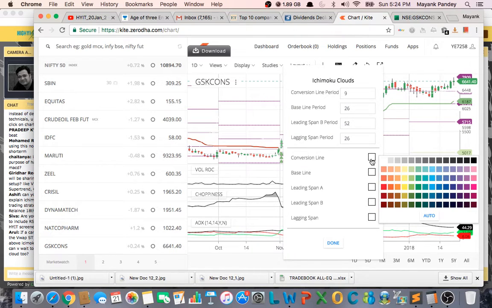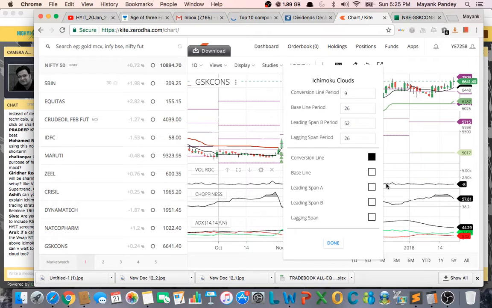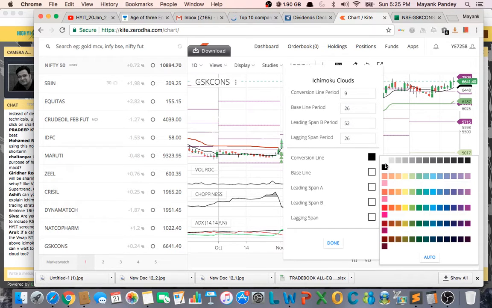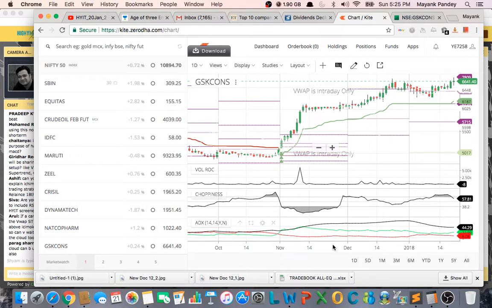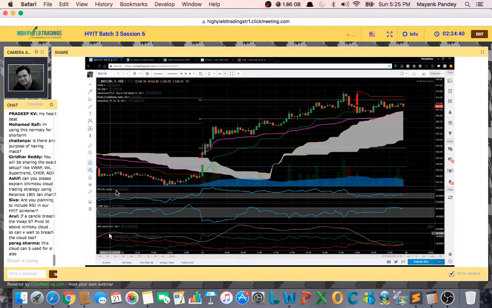Next is Giridhar. You will be sharing the exact setup like VWAP, volume? Yes, I need to see. The Ichimoku Cloud has not been replicated to batch 1 and batch 2 till now. I have to make a video explaining the same stuff which I did to you, and drop that video in the Google share of batch 1 and batch 2. I'll do it within a couple of days.